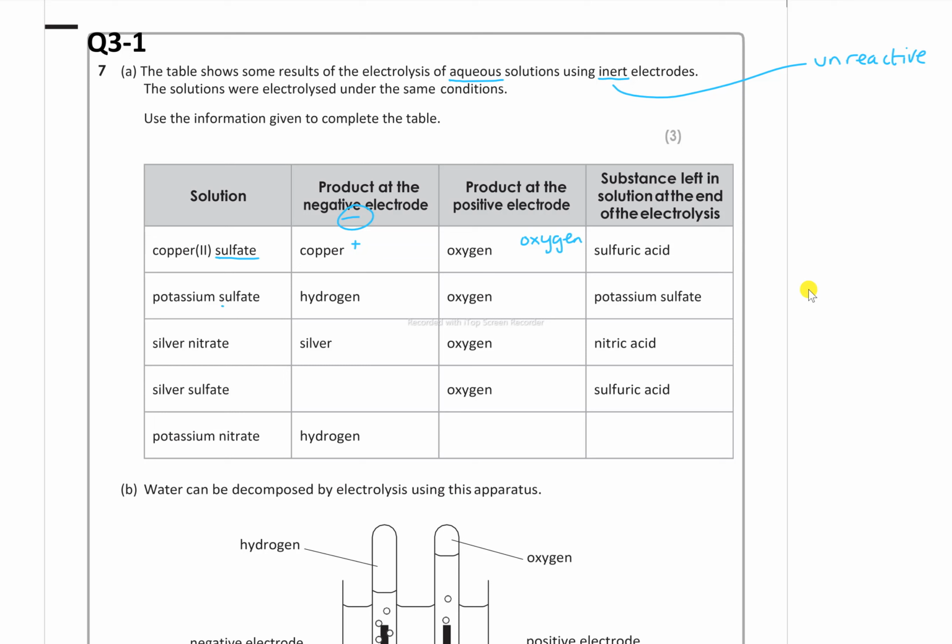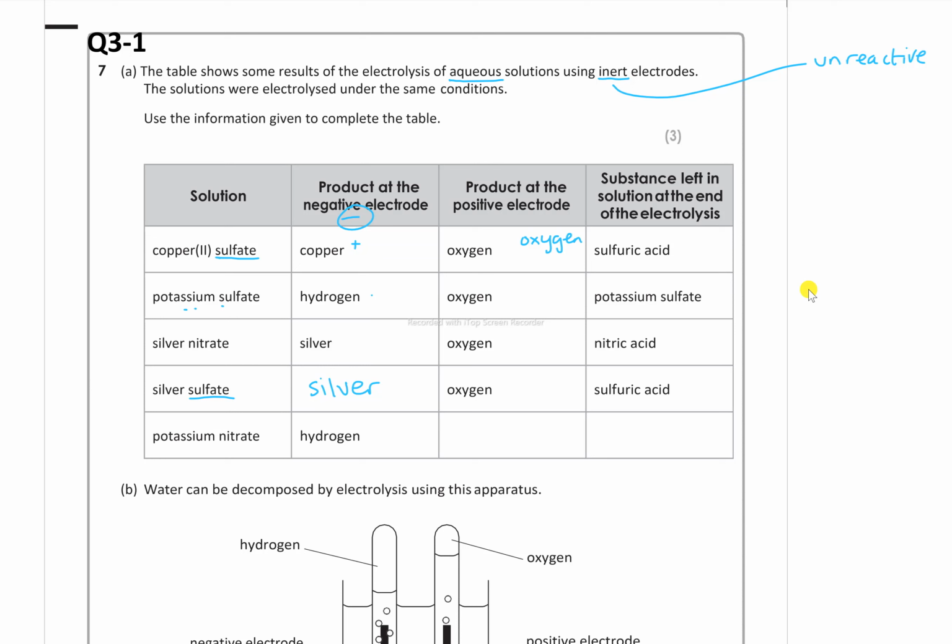Right, potassium. At the negative electrode, you've got hydrogen, and not potassium because potassium is more reactive. Silver, oxygen, nitric acid. Right, silver sulfate. So you'll get silver because silver is very unreactive, so it'll try to get back into its original state as an element.